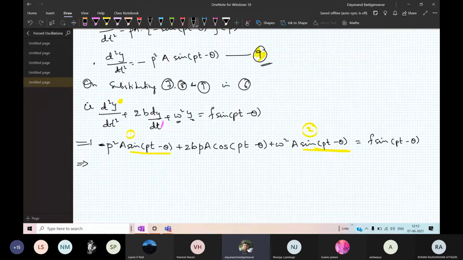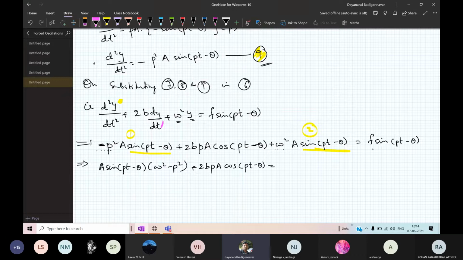So what you are left with is omega square minus p square, omega square from this and minus p square from this. The second term doesn't have any other, therefore I can write plus 2b pa into cos of pt minus theta as it is. Now go for the right hand side.